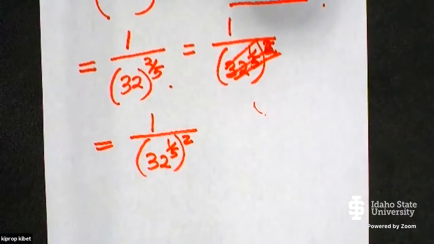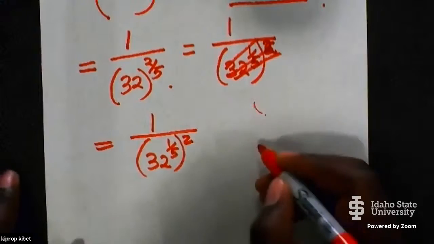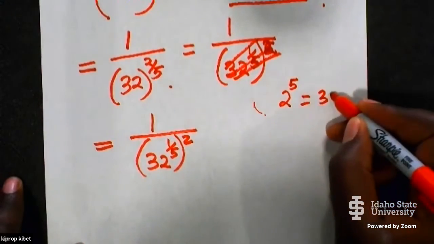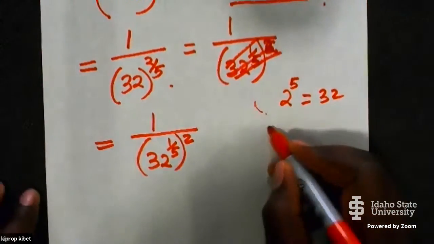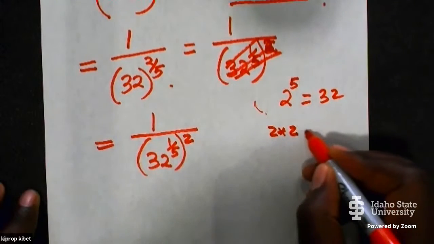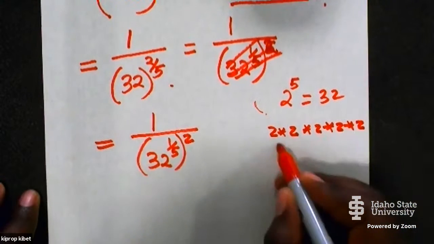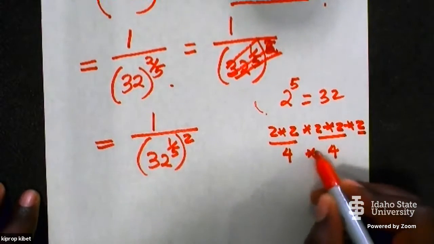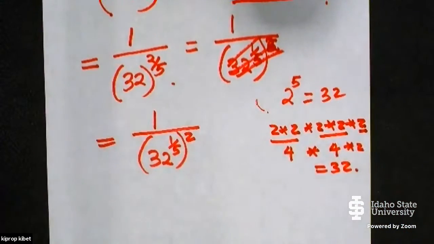So what are the factors of 32? We have 2 raised to 5. Is it 32? So 2 times 2 times 2 times 2 times 2. This is 4, this is 4, this one is 2. So this is 16 times 2, so this is 32. So 2 raised to 5.